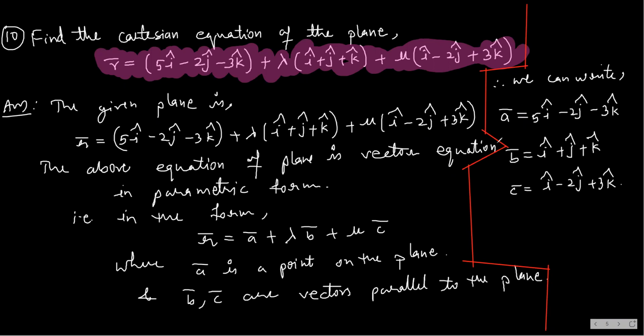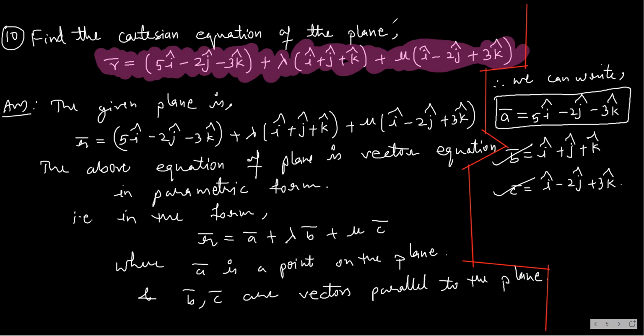So we can write a bar as 5i cap minus 2j cap minus 3k cap, and b bar as i cap plus j cap plus k cap, c bar as i cap minus 2j cap plus 3k cap. So we have one point on the plane and two vectors parallel to the plane.